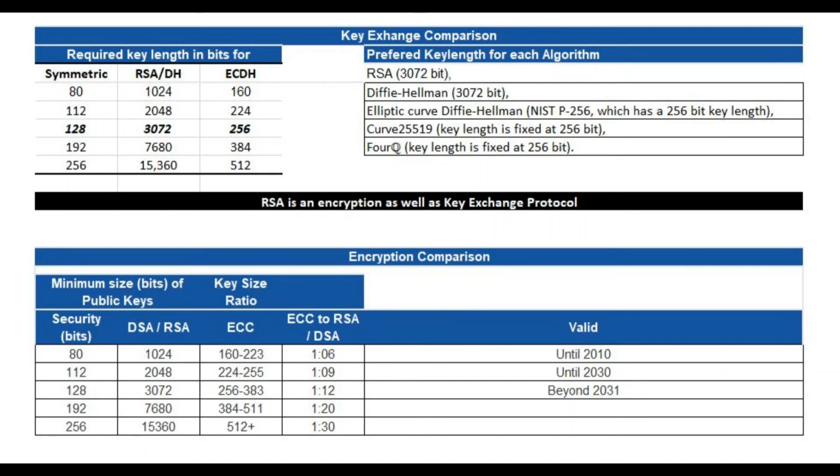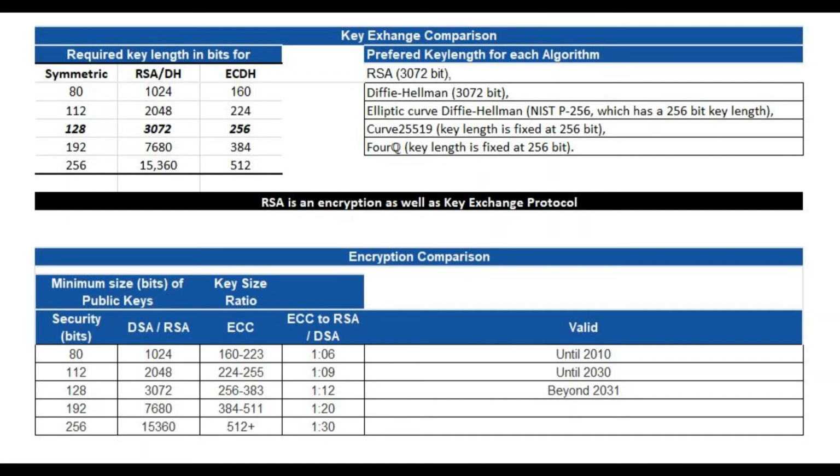If you look at the above table, you can see the best optimum performance of key exchange is when RSA uses a 3072-bit key, which can be matched with a 128-bit symmetric key, and 256-bit ECDH, which is elliptic curve Diffie-Hellman.